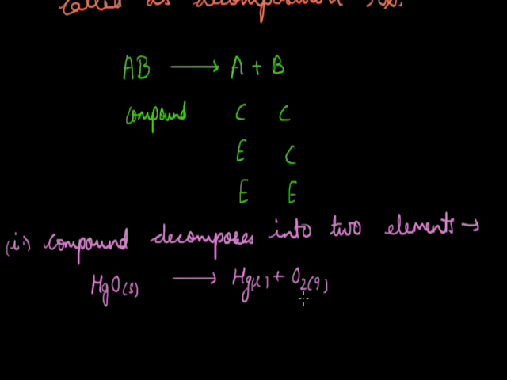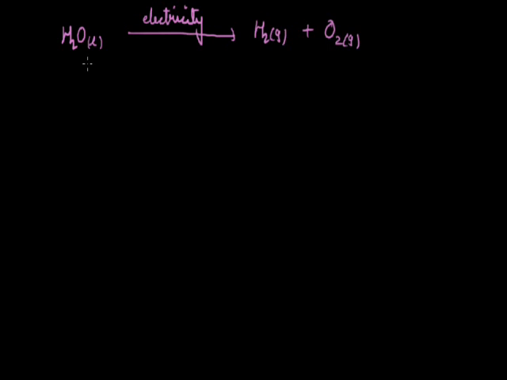Here mercury and oxygen are both in elemental form, and mercuric oxide is a compound. Next example is the decomposition of water into hydrogen and oxygen on passing electricity. Here water is a compound which is decomposing into hydrogen and oxygen, which are elements.